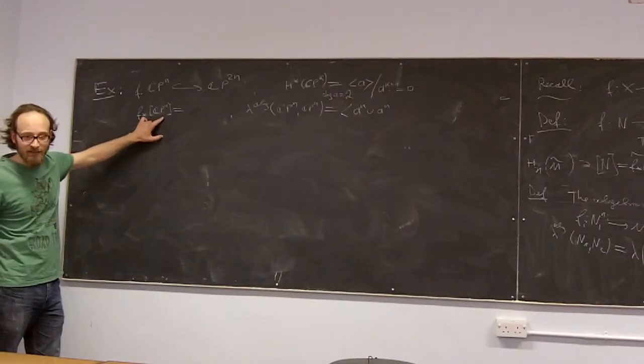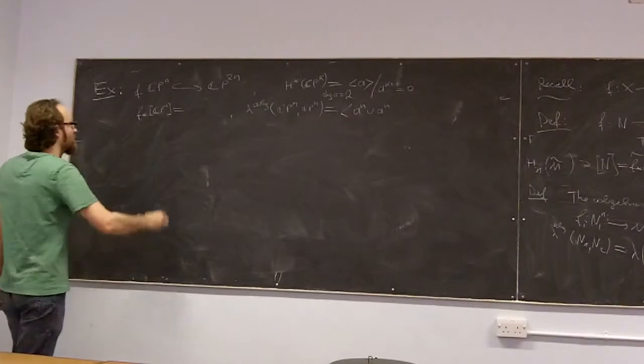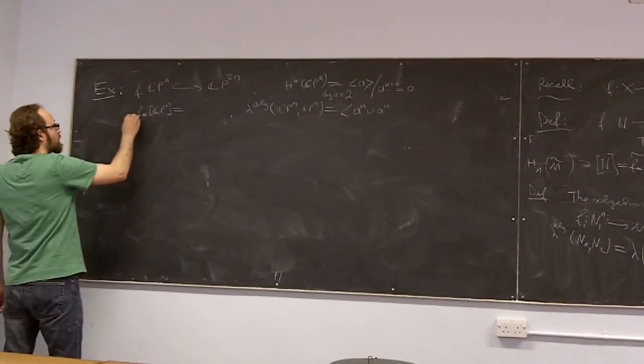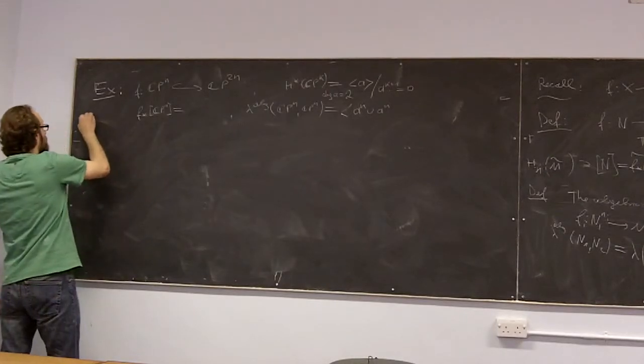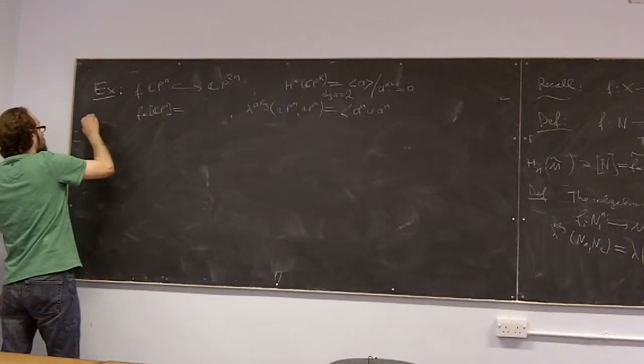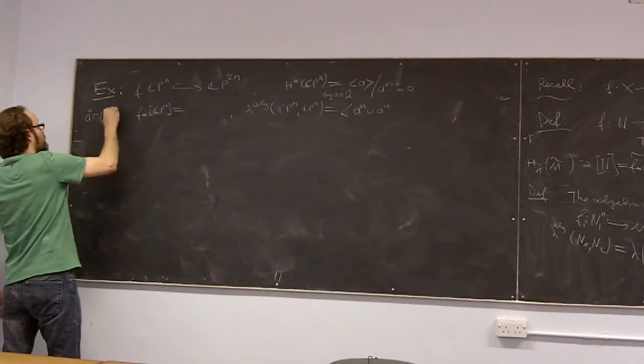This is a homology class, and the push forward is still a homology class. But what I mean is the dual, so the Poincare dual of this: A cap A to the n cap CP to n.